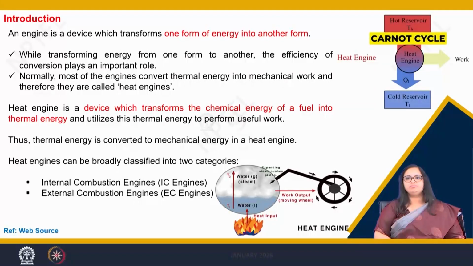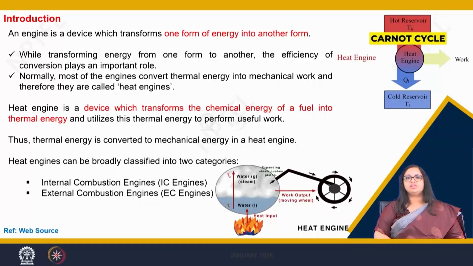One of the simplest cycles of the heat engine is the Carnot cycle, which you can see in this picture. There is a hot reservoir and then there is an engine in between. This engine takes the thermal energy from the hot reservoir, converts it into some useful work, and releases or dumps the balance amount of energy to a cold reservoir.